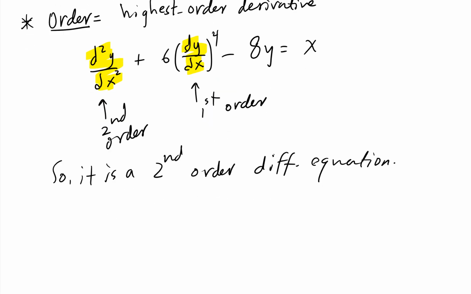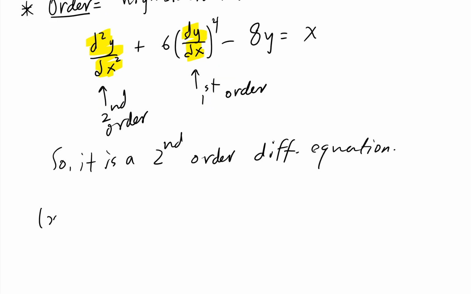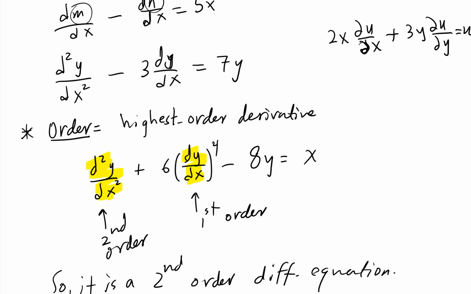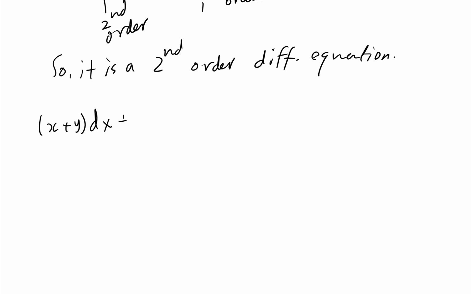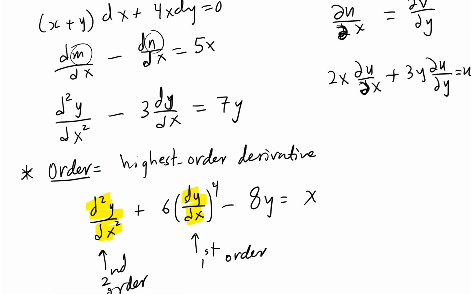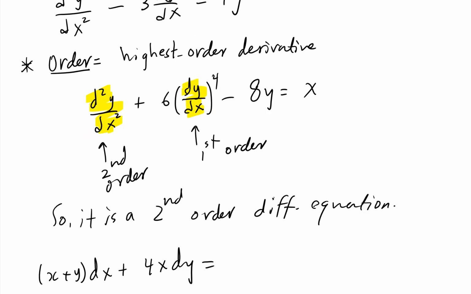How about the one I wrote earlier? (x plus y) dx plus 4x dy equals 0.